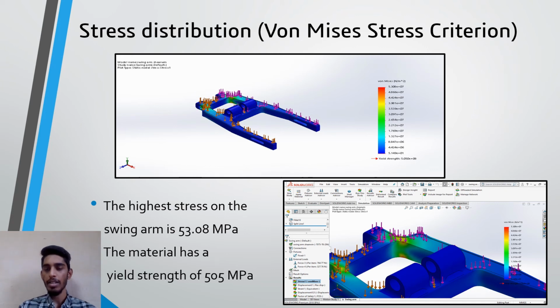The highest stress in this swing arm is 53.08 megapascal, and for this material that we chose, its yield strength is 505 megapascal, which is way higher than the highest stress experienced by the swing arm during cornering. So it suggests that the swing arm will not fail during cornering.